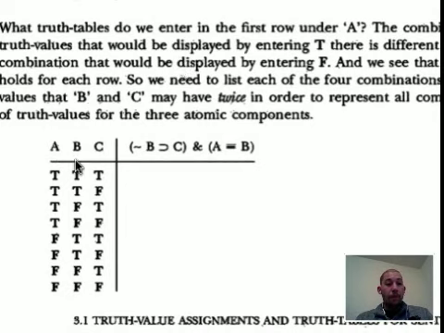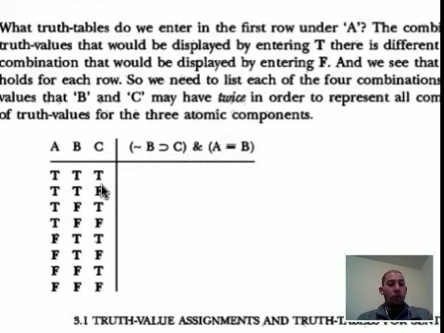Well, the first thing we do is we copy under each of these sentence letters the truth values on that given assignment. So remember, a row in a truth table is going to be a particular assignment of truth values to the sentence letters. So in this first case, we're going to think about the scenario where each of the sentences is true. So the first thing we do then is copy under B we'll put true, under C we'll put true, under A we'll put true, and under B we'll put true.